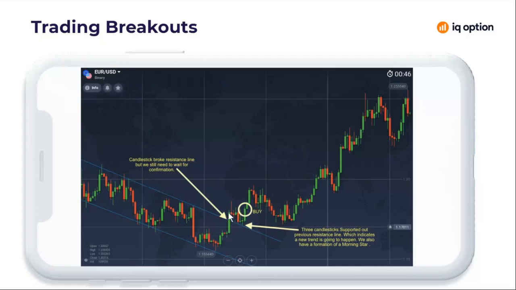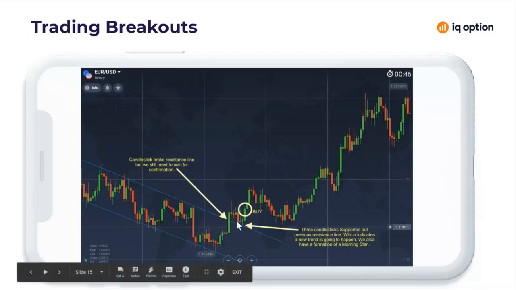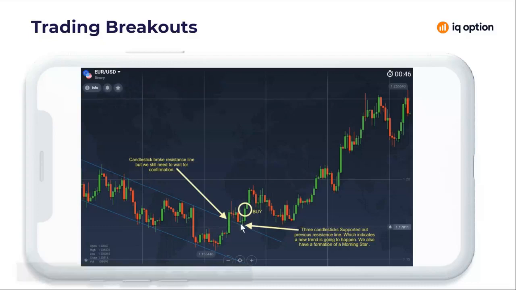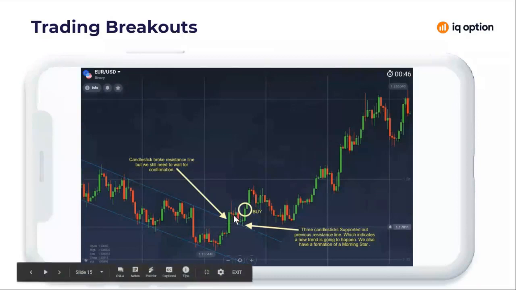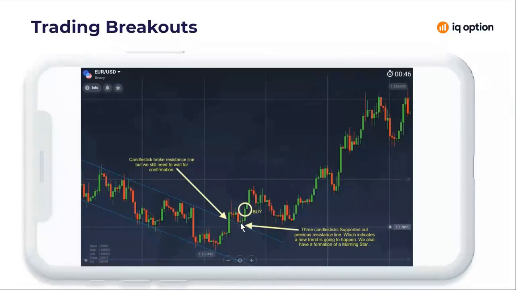Wait for it. Let's see how the markets will react to this. So three candlesticks supported. You can see here, we've waited. We haven't placed any positions. Now, this is the important thing here. It supported our previous resistance trend line. This indicates that a new trend might possibly be about to happen.